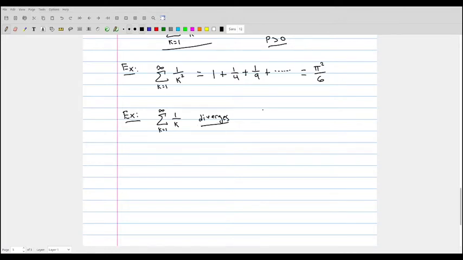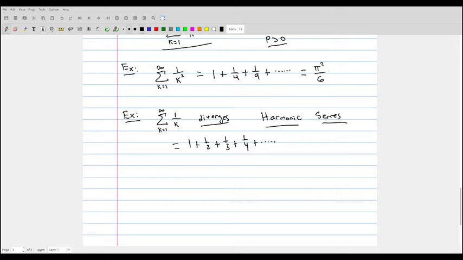This is actually called the harmonic series. A P series with p equals 1 is the harmonic series. This is the sum 1 plus 1/2 plus 1/3 plus 1/4, and so on and so forth.